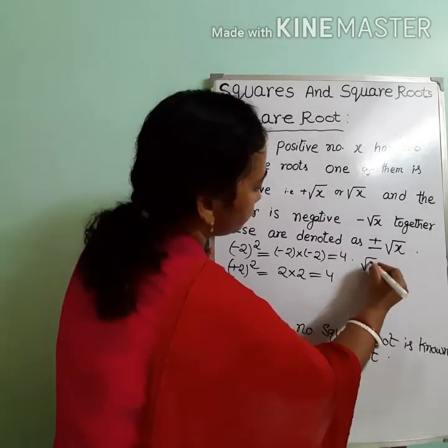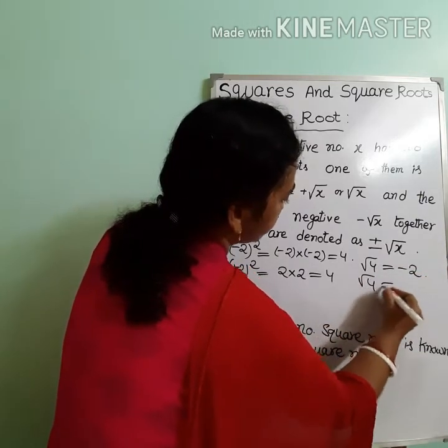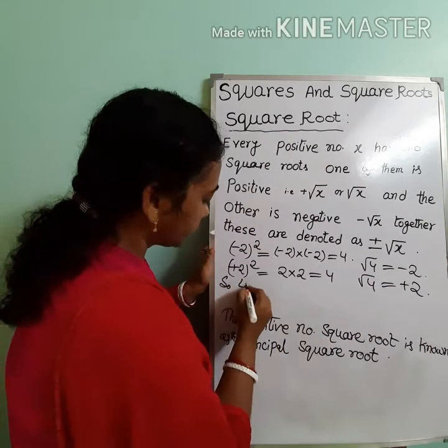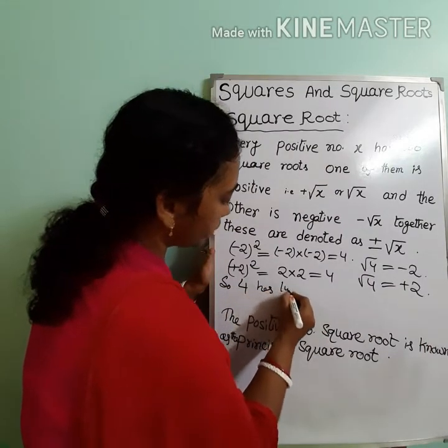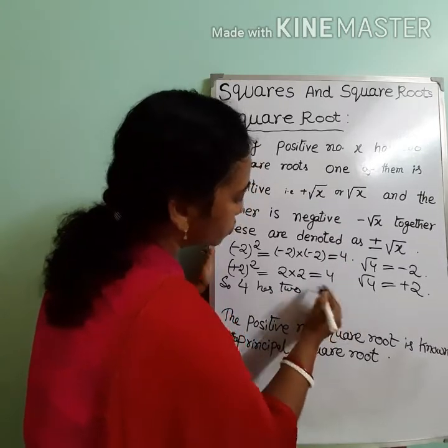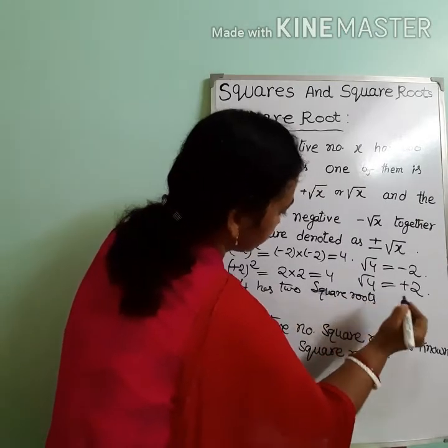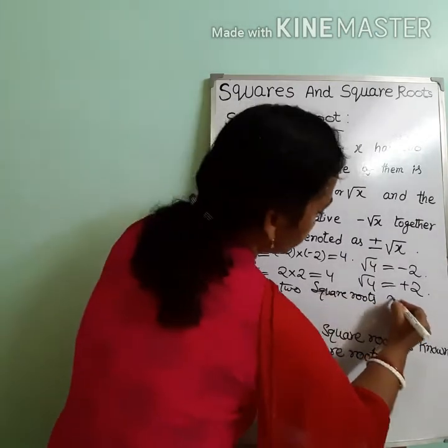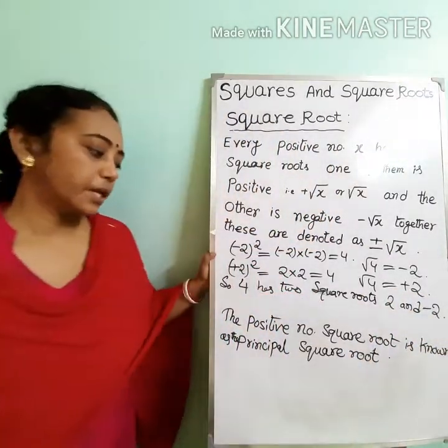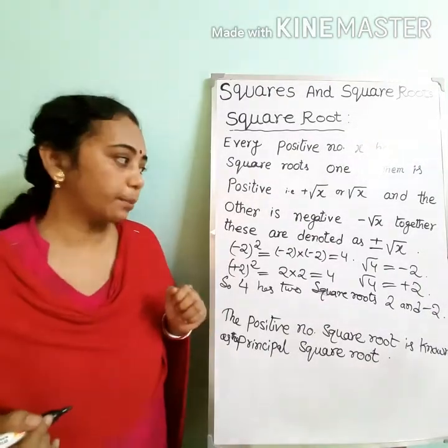That means square root of 4 is equal to minus 2, and square root of 4 is equal to plus 2. So 4 has 2 square roots, that is plus 2 and minus 2. Similarly, we can also write 9 has 2 square roots, that is plus 3 and minus 3.